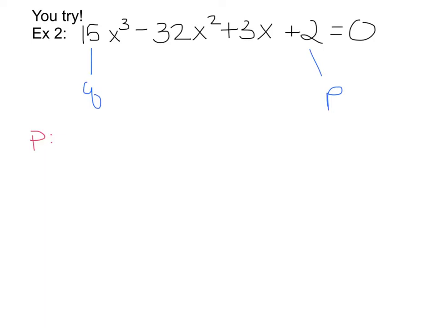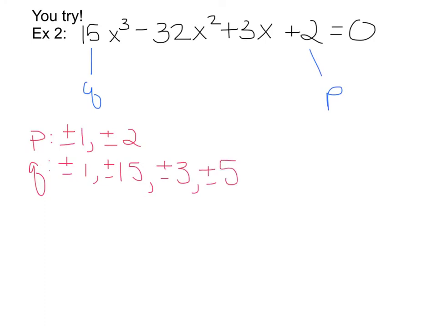Okay, numbers that multiply to 2 are just going to be 1 and 2. Okay, numbers that multiply to 15, 1 and 15. Okay, 2 doesn't go into 15, but 3 and 5 do. And then 4 doesn't, and then we get back to 5 again.